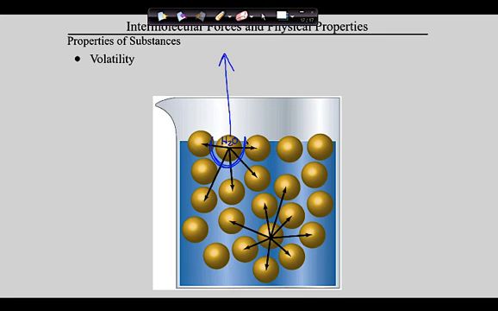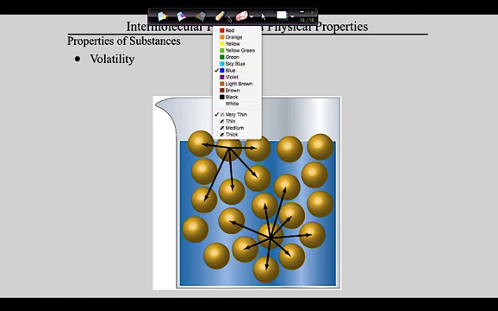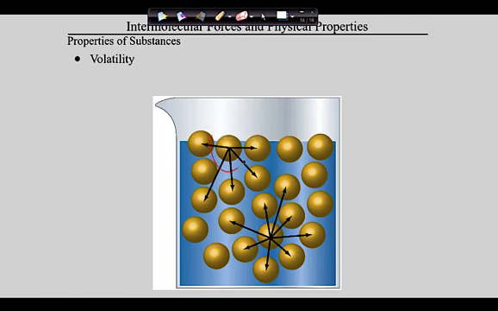So in order for this water to evaporate, these intermolecular forces have got to break. Well, what we just established is that water is very polar. Because water is very polar, its intermolecular forces are strong. These intermolecular forces are hard to break. That means this doesn't evaporate very well, so it has a low volatility.